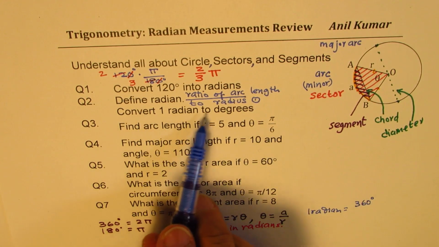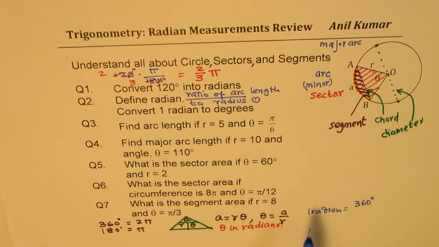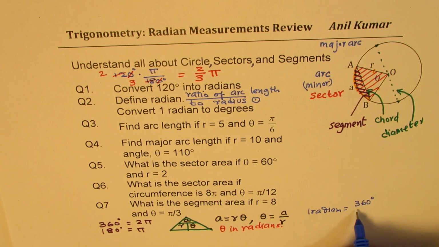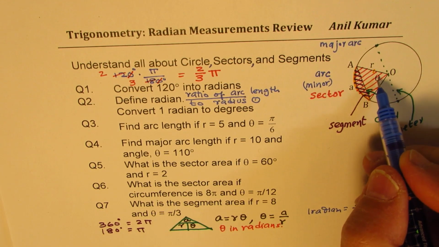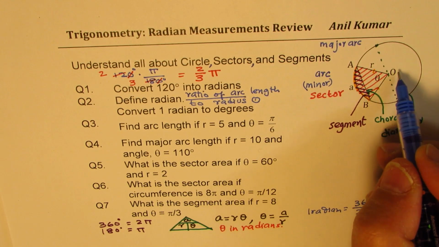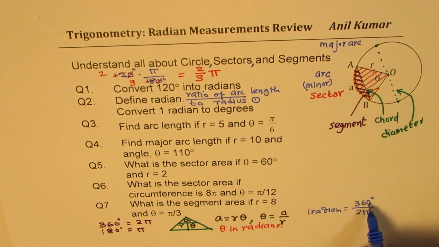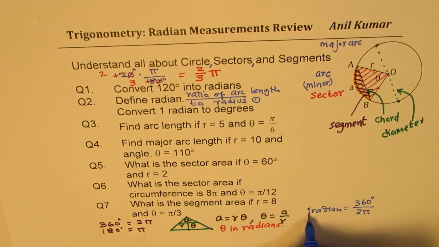Now convert 1 radian to degrees, that is the question, right? So 1 radian is basically the ratio of 360 degrees to 2 pi, where the angle subtended theta for a full circle in degrees is 360 degrees and in radians is 2 pi. So this particular ratio is 1 radian.